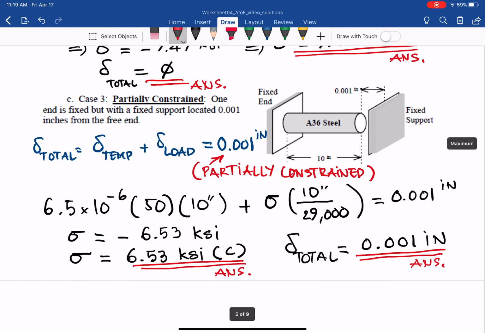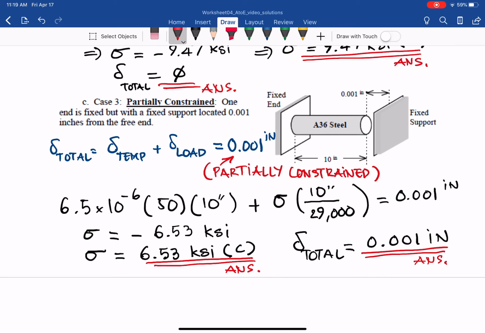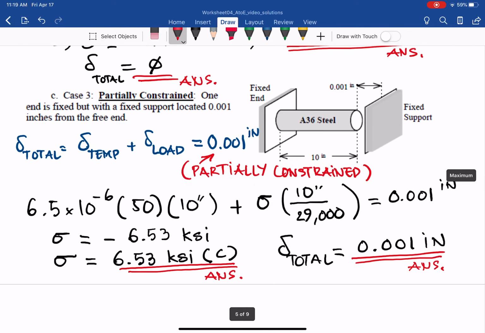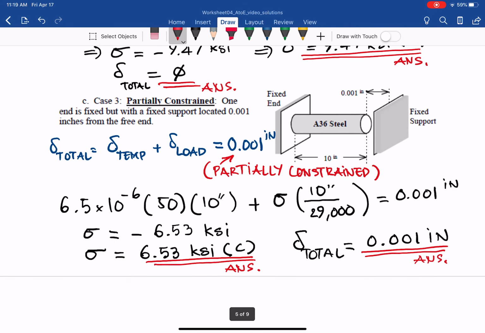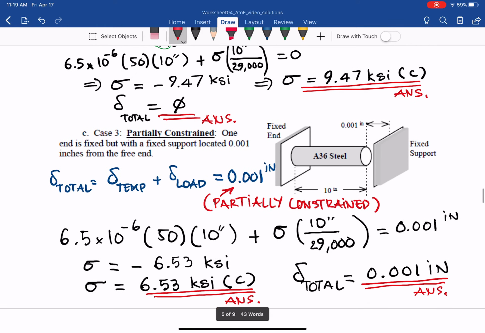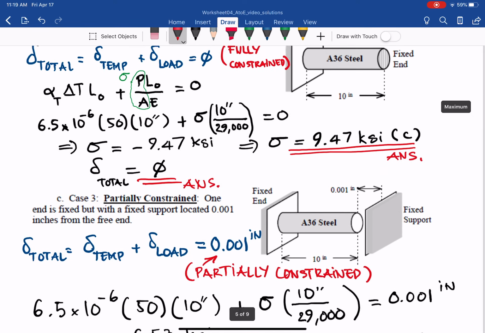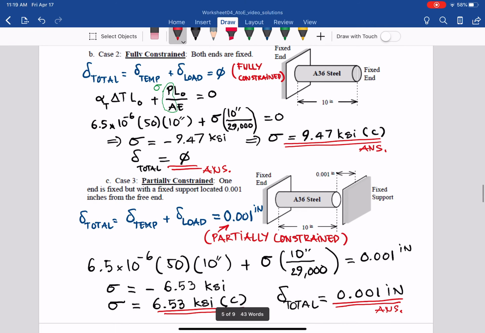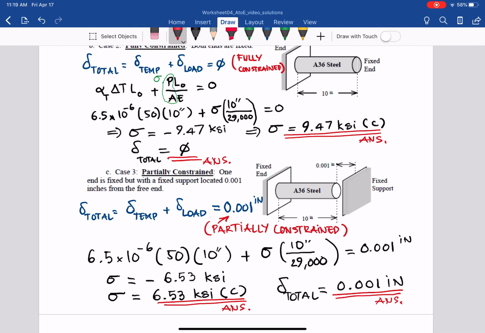In case 3, they have a gap, but the gap is not big enough for the temperature increase to exceed the gap. So here the total deformation allowed is only that gap, 0.001 inch, and the actual stress sigma is 6.53 because there is partial constraint. The sigma in case 3 is less than sigma in case number 2, 9.47 KSI compression, because that is fully constrained compared to partially constrained.